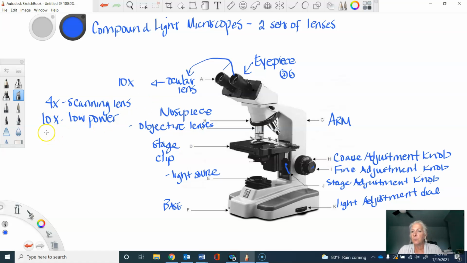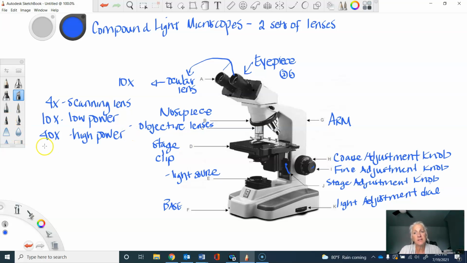All right, the next one is the 40x, and that is called high power. When you move to 40x, that's going to get you even closer, so your field of view is going to be even less. But the stuff that's in the field of view, you'll be able to see more of and see it more focused.